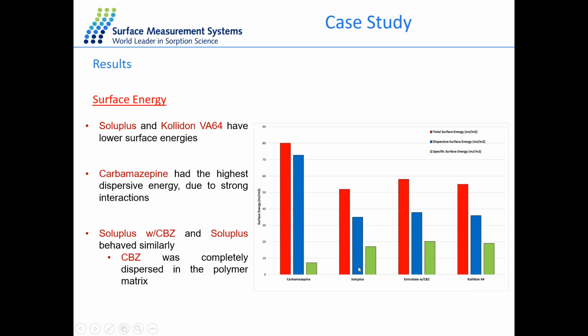So they have quite similar properties, which suggests that our carbamazepine has in fact blended well and dispersed into our Soluplus. Our extrudate looks more similar to the Soluplus than it does to the original carbamazepine. This gives us a suggestion that we have completely dispersed our carbamazepine in our polymer matrix.